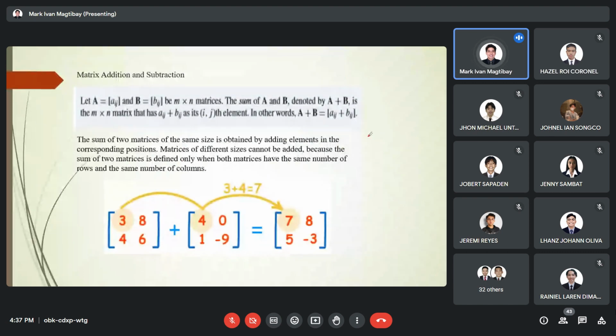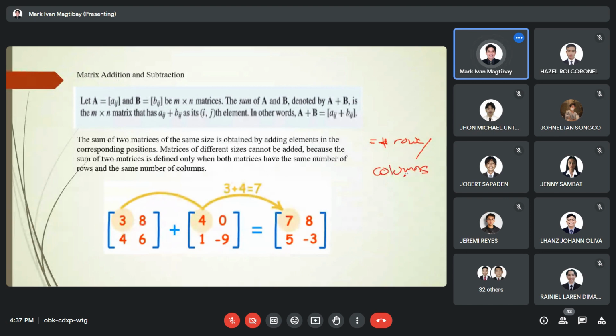Kailangan po na sila ay equal po yung number of rows niya. Equal daw po dapat ang number of rows and columns po before we could proceed with adding and subtracting po ng ating mga matrix.